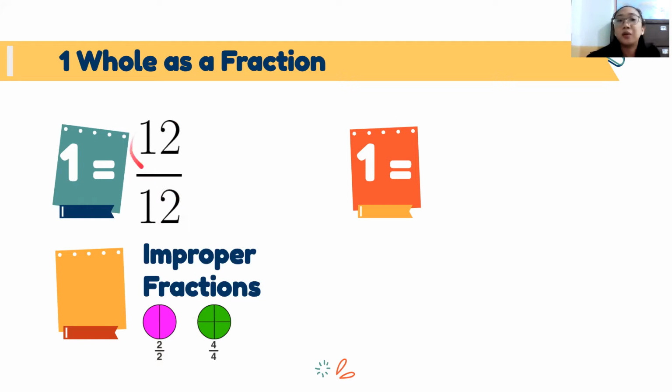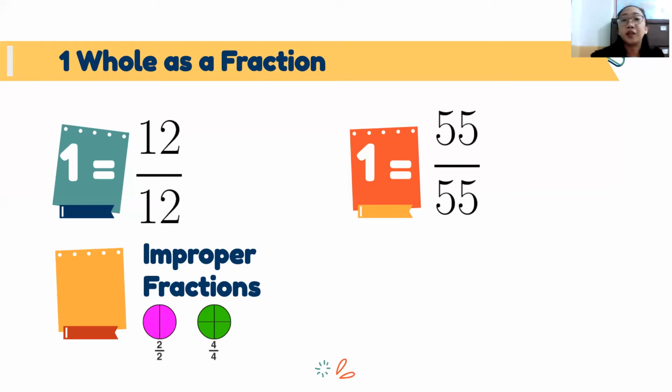If the numerator and the denominator are the same, this is a representation of one whole. So one whole can be 55 over 55 or a million over a million, or whatever number you would like to choose. As long as the numerator and the denominator are the same, that fraction is equal to one whole.